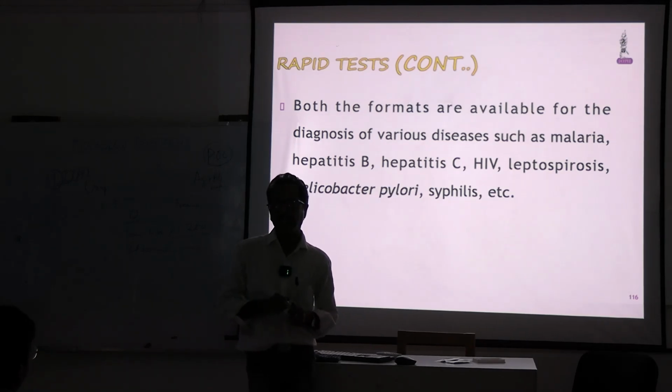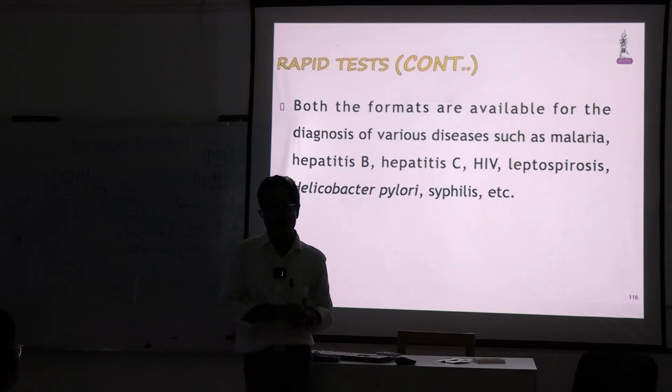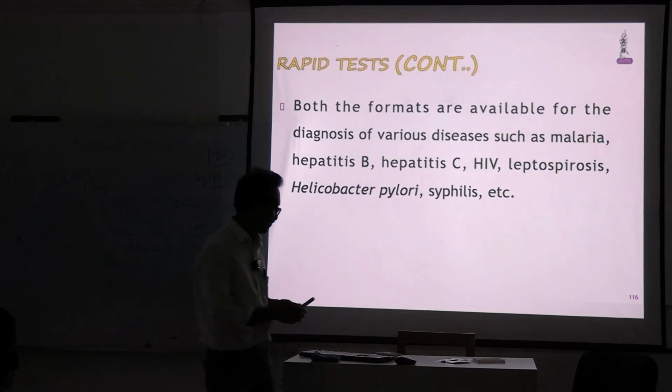One is LDH, a pan-malarial antigen. The next is histidine-rich protein 2, HRP2, used for falciparum.